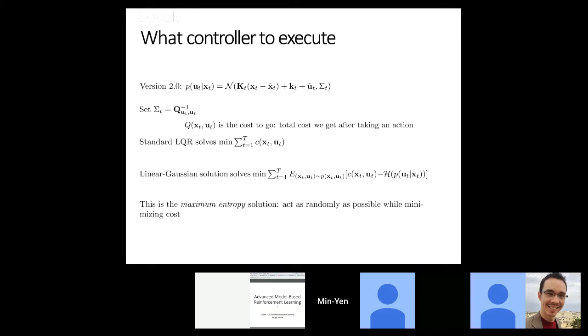So it's like measuring the relationship between your action and the cost, whether your action matters a lot to the cost. So you can inject more noise when the action means less, and you can inject less noise when the action is very critical.